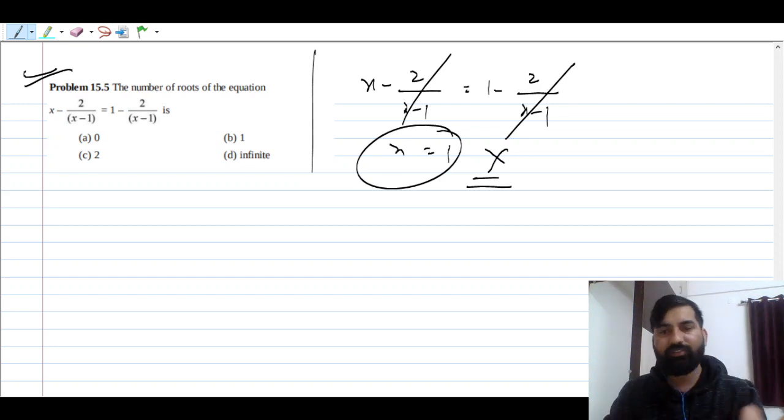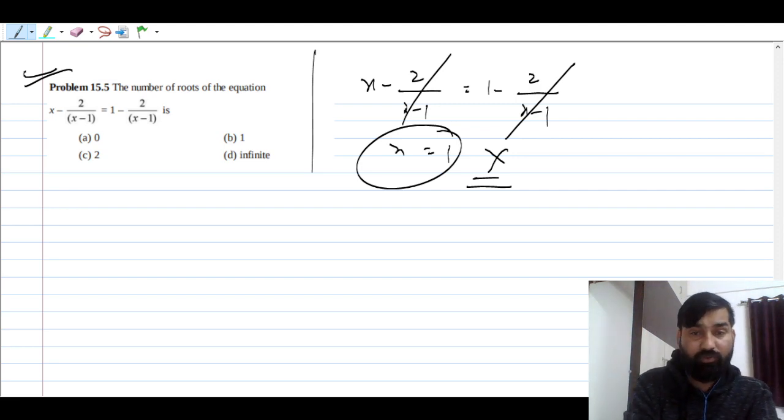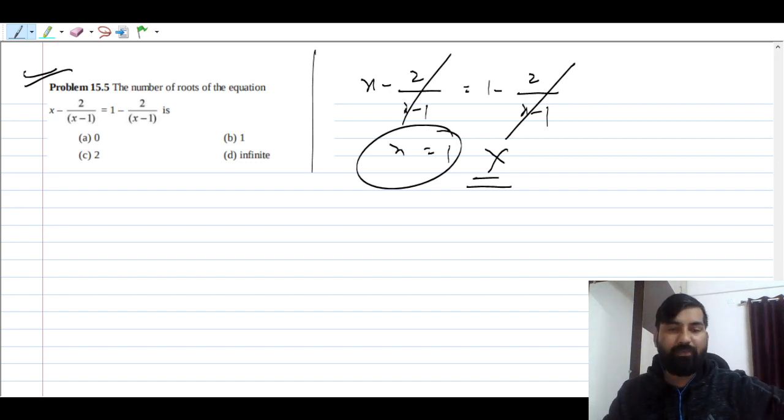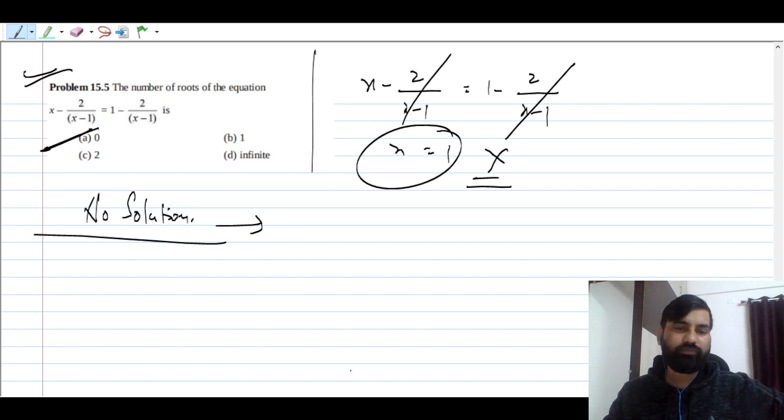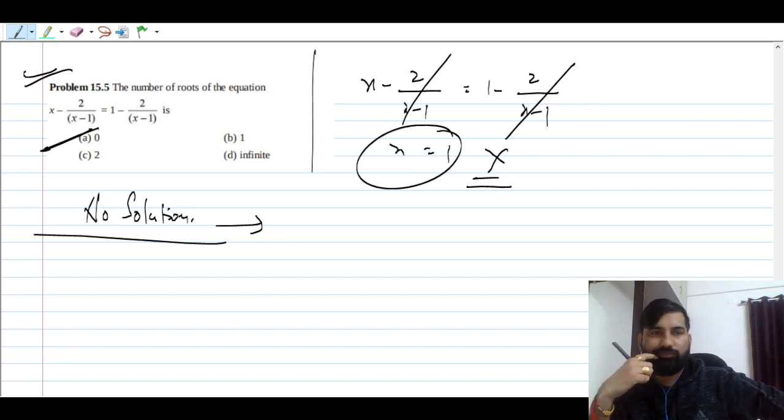Don't do this. It looks easy, but there are many things in it, okay? Because it gives x minus 1 equal to 0. Understood? So this is very important. So in this case, no solution is possible. No solution means you can say zero solutions.